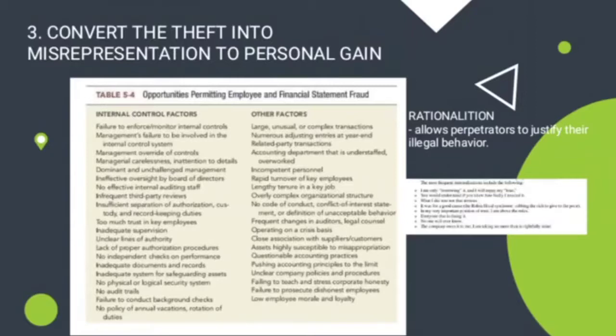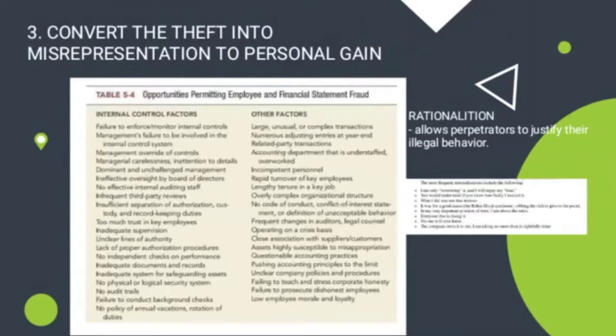In cases of falsified financial statements, perpetrators convert their actions to personal gain through indirect benefits. That is, they keep their job, their stock rises, they receive pay raises and promotions, or they gain more power and influence.